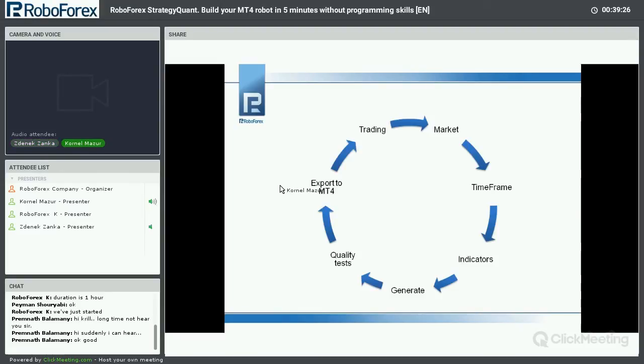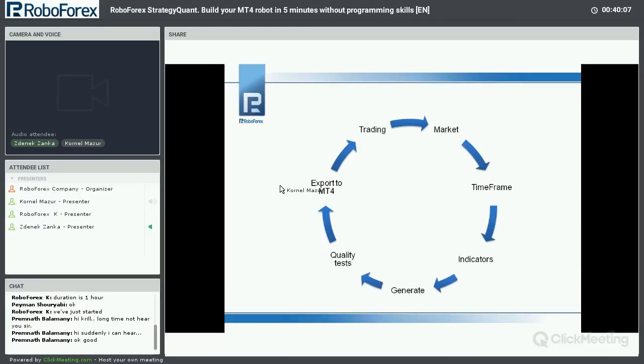Then I tell it, now use these indicators to create the strategy. What does it mean? This program gives me the opportunity to select the blocks from which the new strategy will be created. I can tell it to use moving averages, ATR, ADX, highest or lowest, or any indicator you know. So this is the third step.